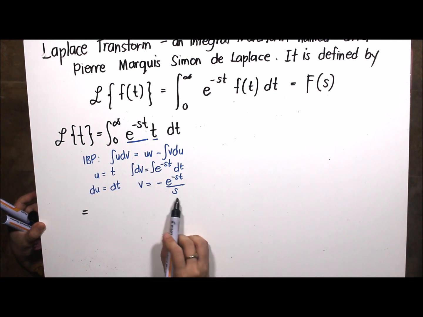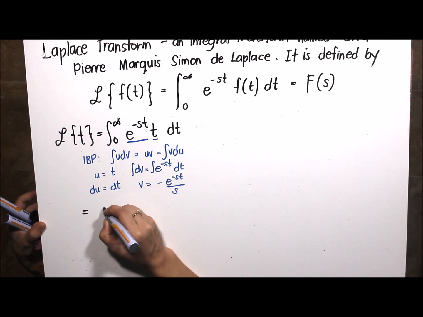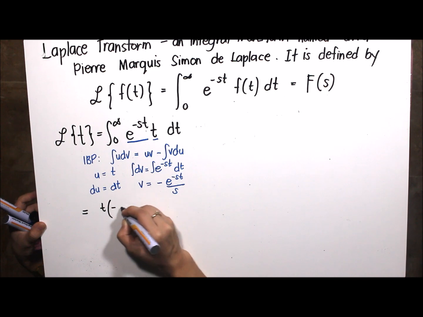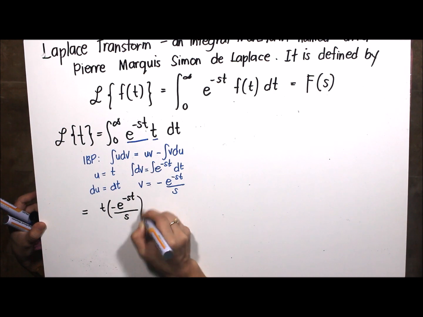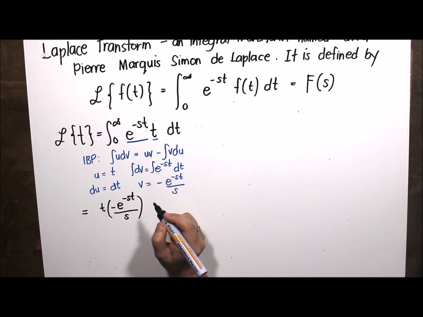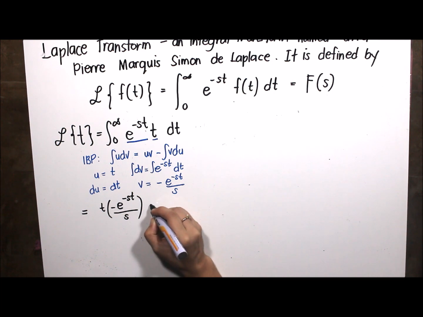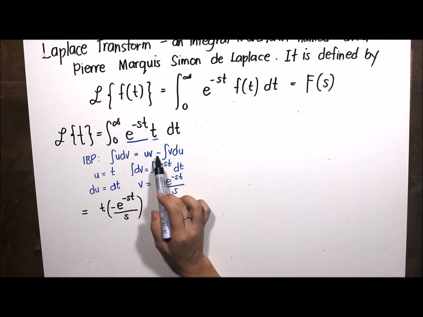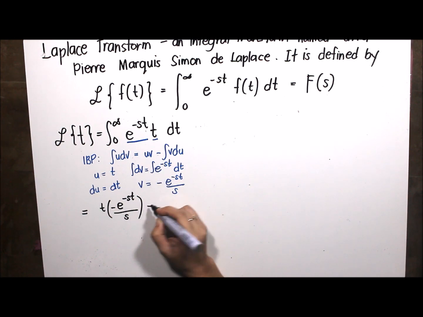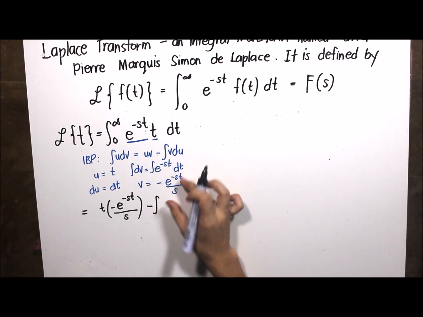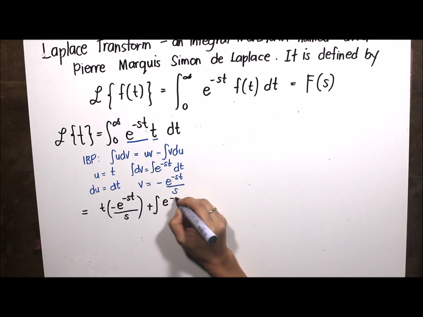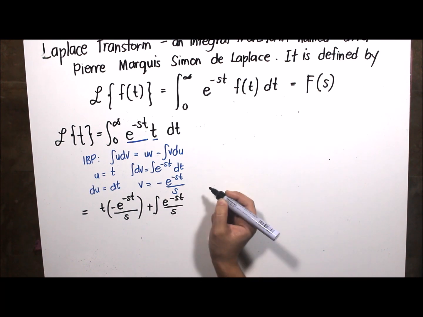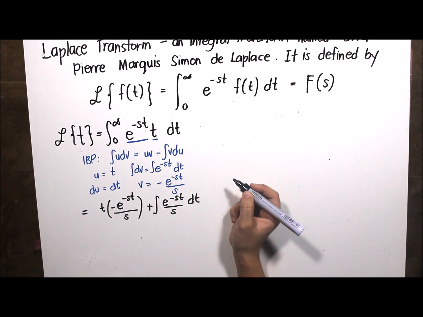So u times v, t times negative e raised to negative st all over s, minus the integral of v, that's negative, so this will become positive, e raised to negative st over s du, dt.